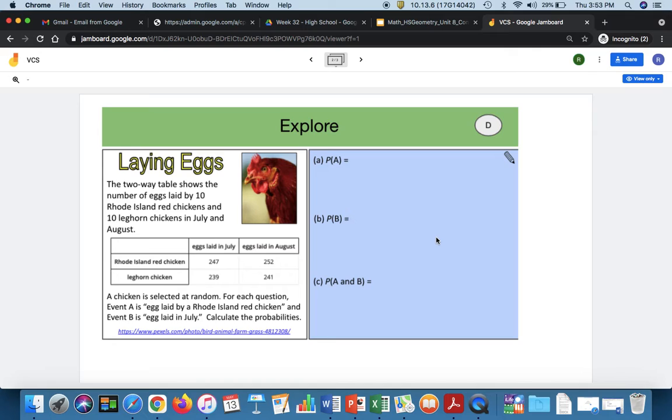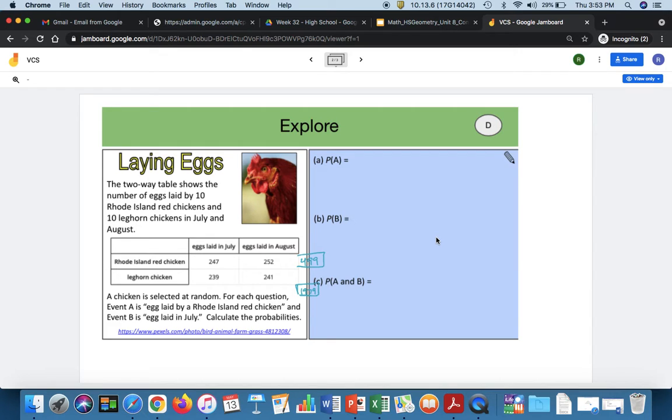So let's find the probability of A, an egg laid by a Rhode Island red chicken. For these purposes, I'm going to want to add up my values for a Rhode Island red chicken. So I have 247 and I have 252. If I add those up, I will get 499. And my total for everything is 979.